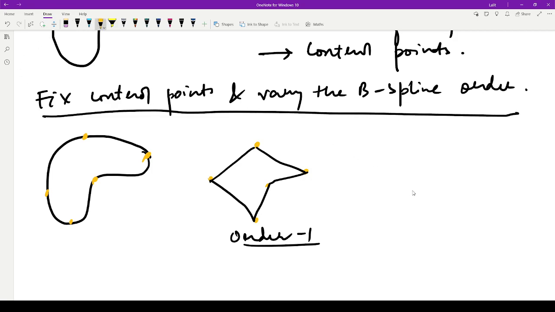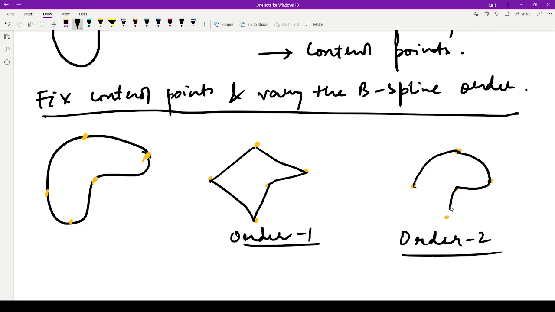But if you now try to increase the order, for instance, if you take a quadratic order instead of a linear one, then you will see that your curves will be like this. So this one looks much better than order 1, right? Yes, someone wrote to account for twists. Yeah, so you call it curvatures.